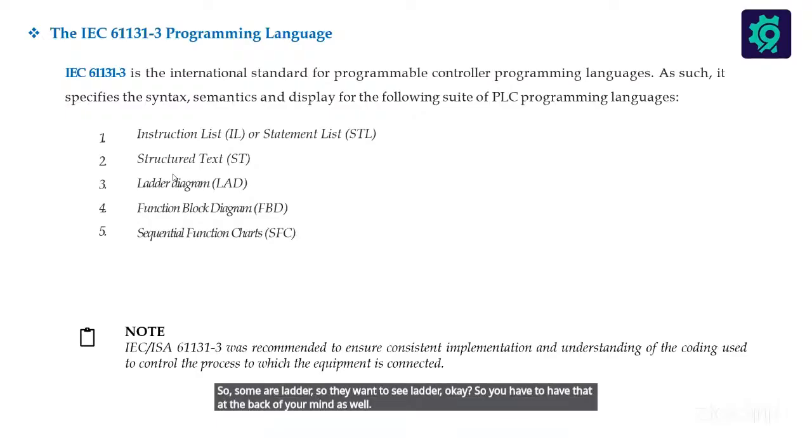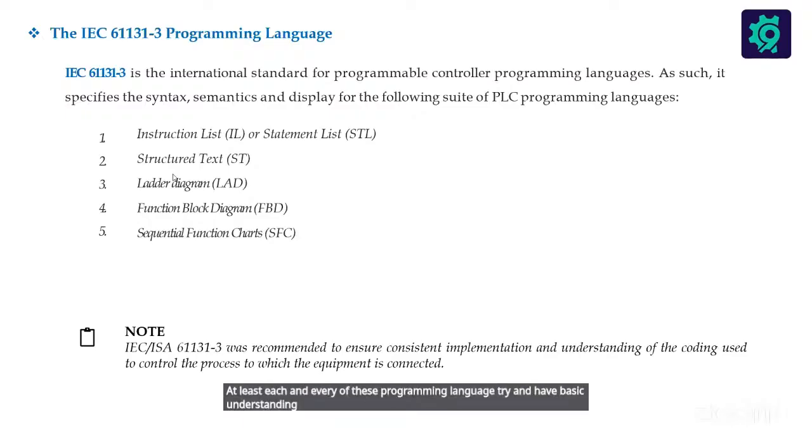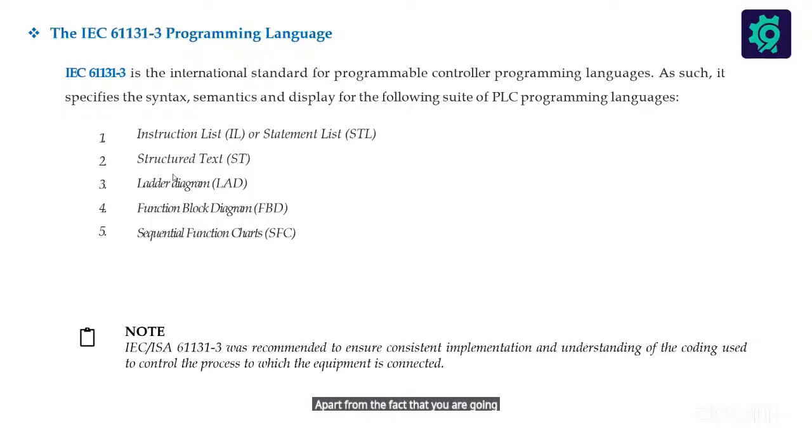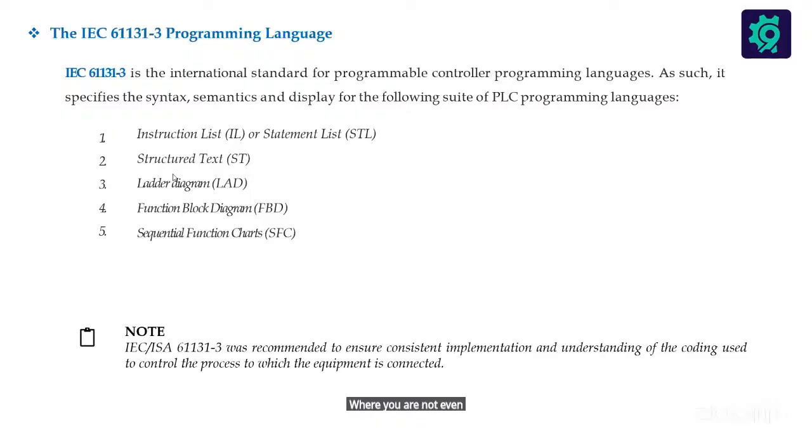So at least try to have a basic understanding of each of these programming languages, because apart from the fact that you are going to be writing PLC programs as an automation engineer, there are situations where you have to do troubleshooting, where you are not even called to come and write a program. The plant is down. Come and troubleshoot.